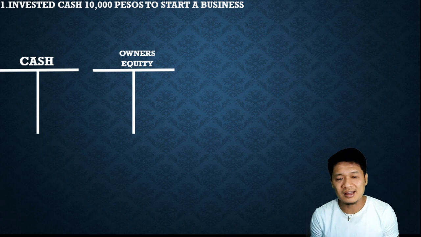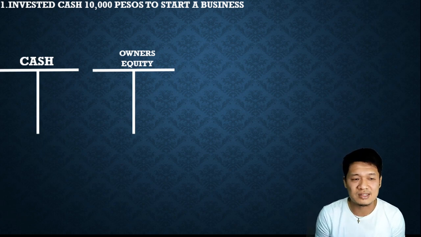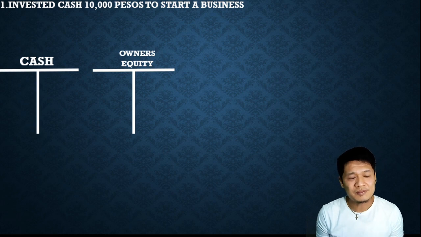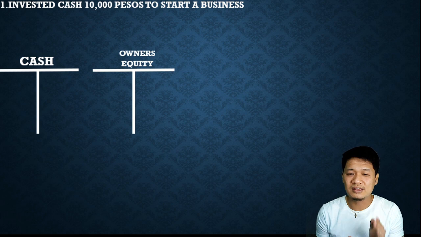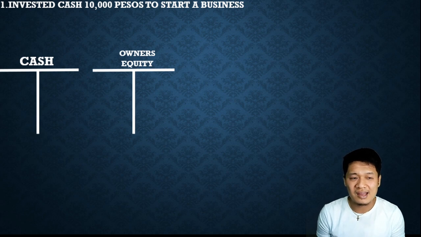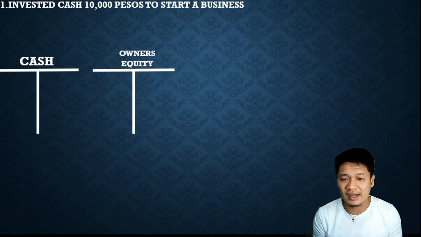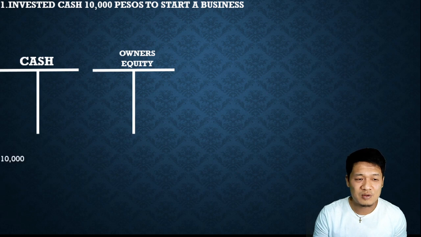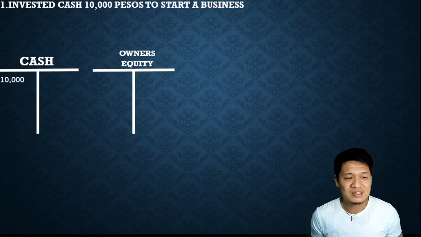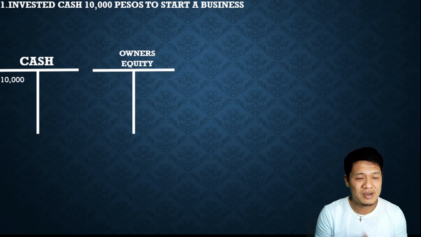Tama? Kung nadagdagan yung pera ng business, nadagdagan yung cash natin. And kung i-identify natin to record that, kailangan increasing side, the normal balance, dun ko siya ilalagay. And knowing that cash is asset, kailangan i-record ko yung nadagdag na pera sa debit side. So that's why we record 10,000 from the debit side of cash. Hopefully that is clear, no? Sana nagets natin yan bakit tayo naglagay ng 10,000 sa cash.